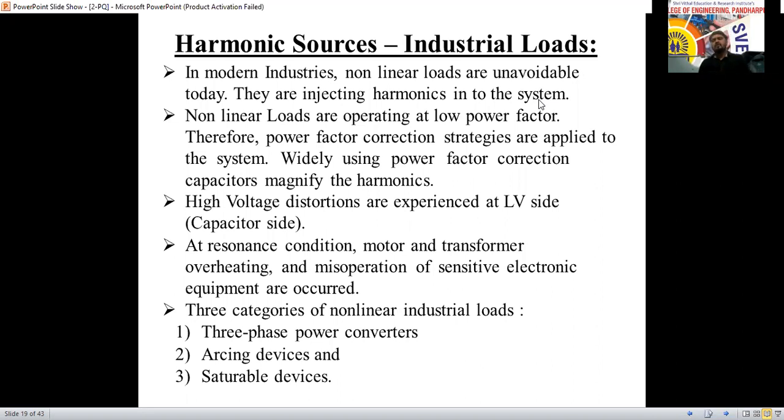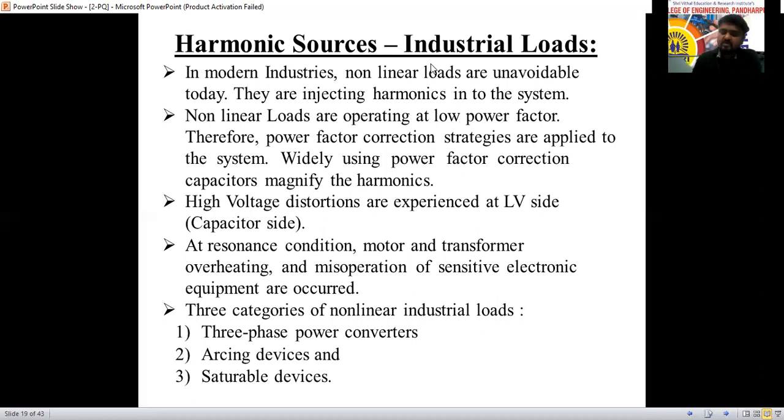Mostly converters: AC to DC conversion, different frequencies of AC, and so on. The converter is a static device.